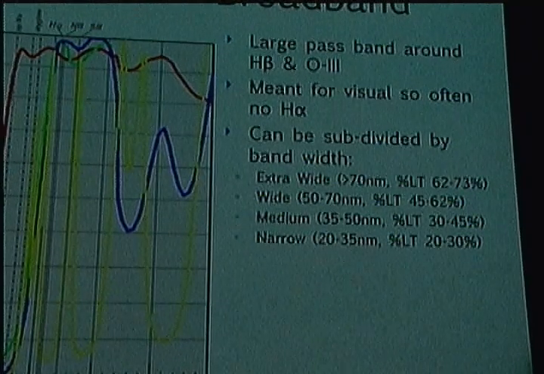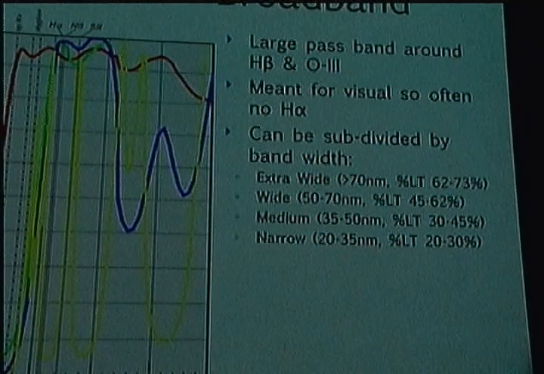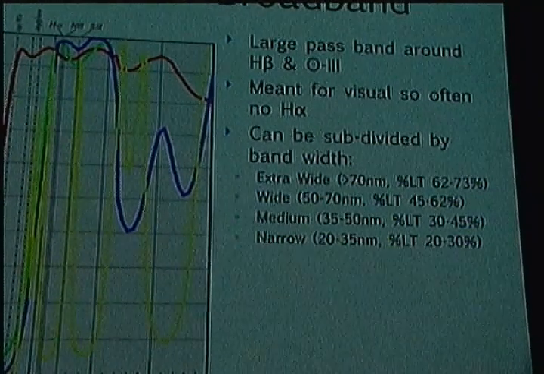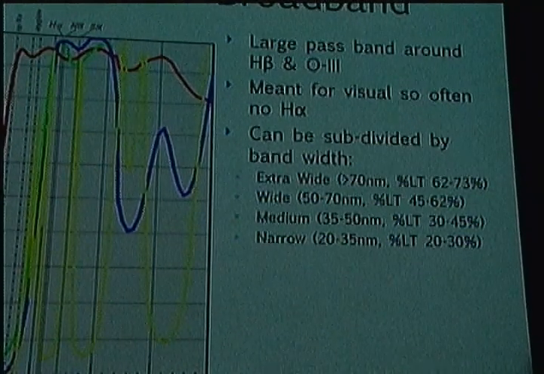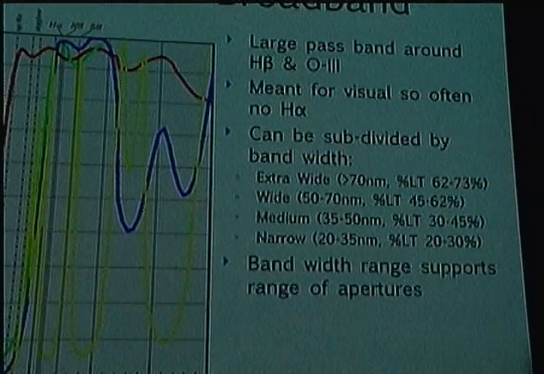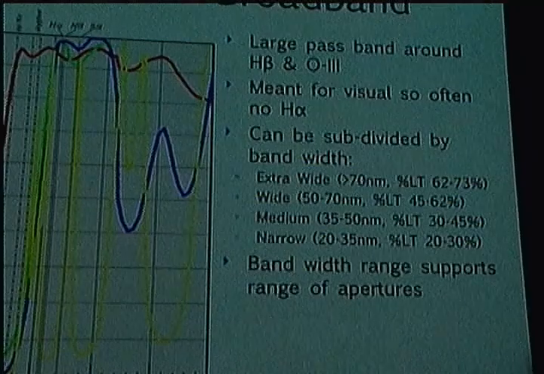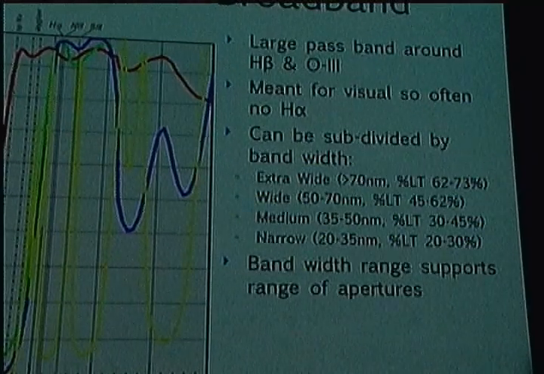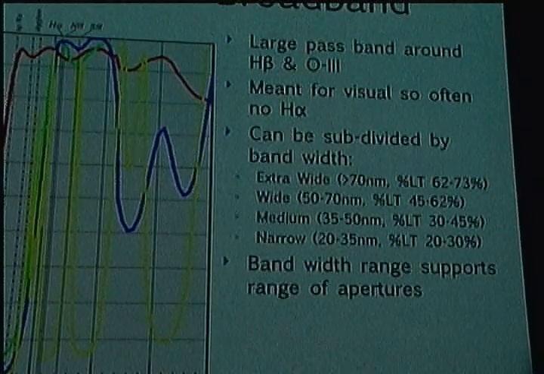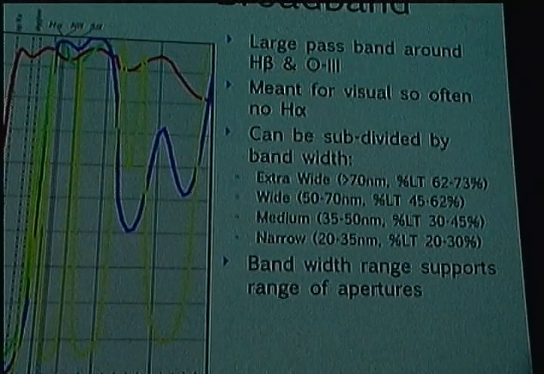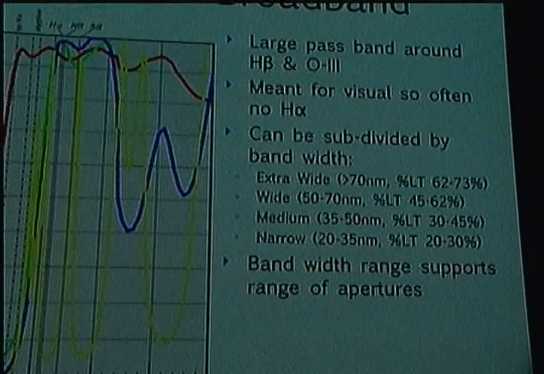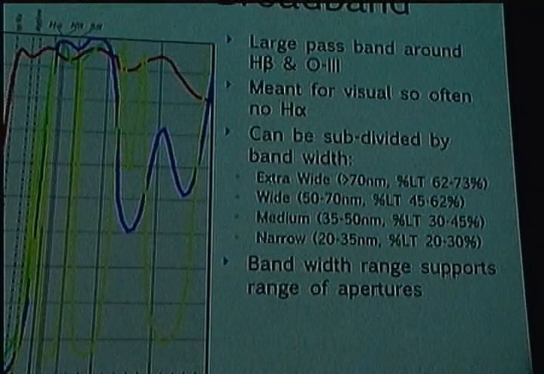And then finally, narrow broadband filters are in the 20 to 35 nanometer wide range and have percent LTs around 20 to 30%. Now, what is convenient about having this whole range of different subcategories is that there's going to be a filter out there somewhere that is suited for your aperture of scope. Whether you have a big scope or a small scope, you're going to be able to find something that is well suited to your application.